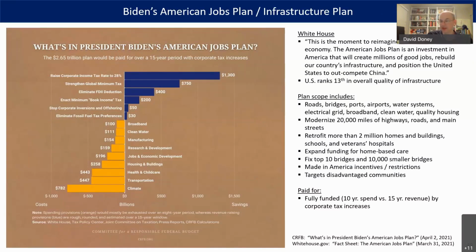Highway modernization, retrofitting homes and buildings, home-based care funding, meaning the idea of human infrastructure, helping people take on those enormous costs of caring for the elderly, fixing some of the largest bridges and 10,000 smaller bridges, Made in America incentives, and then also targeting some of this money to rural areas which are being left behind in the economy.